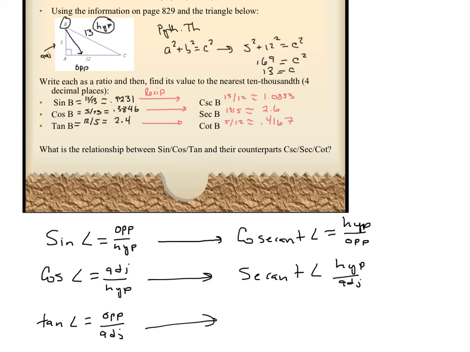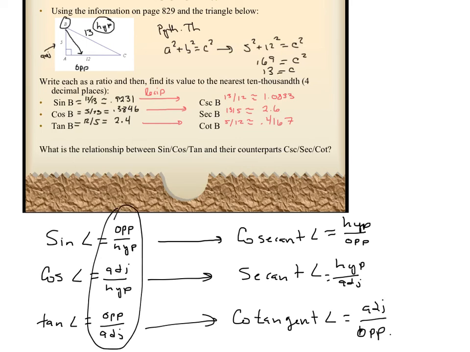And then cotangent of an angle is going to equal adjacent over opposite. And so quite frankly, all I do is I remember these, and then I know that it's a reciprocal relationship. Okay? And that's how I remember all these guys.